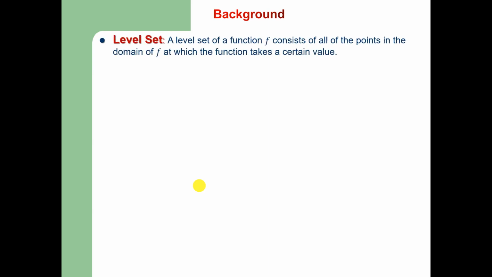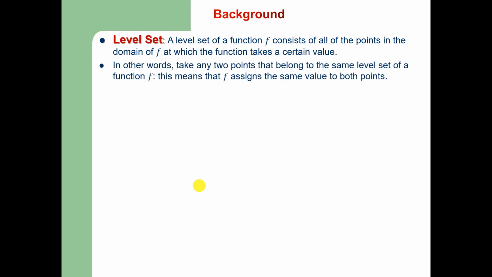A level set of a function f consists of all the points in the domain of the function at which the function takes a certain value. In other words, take any 2 points that belong to the same level set of a function f. This will mean that f assigns the same value to both the points.